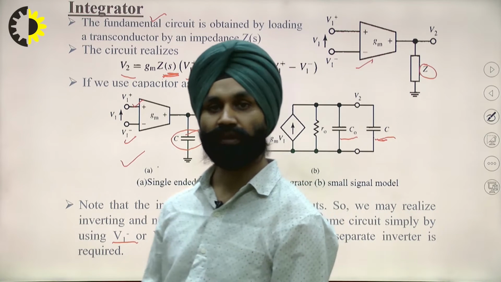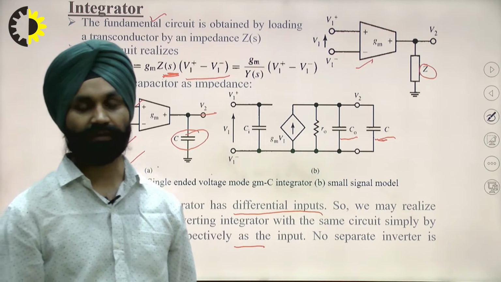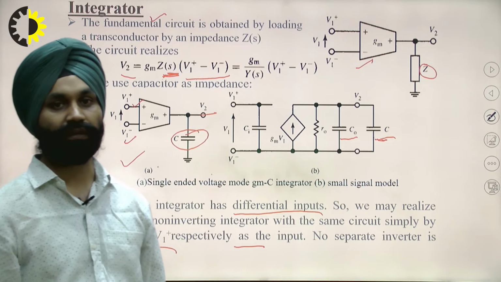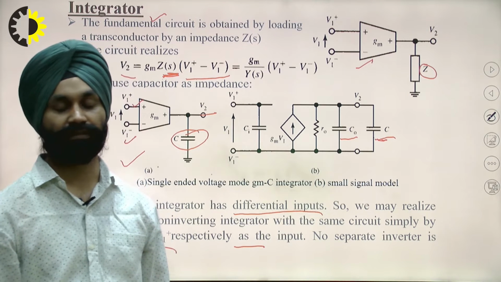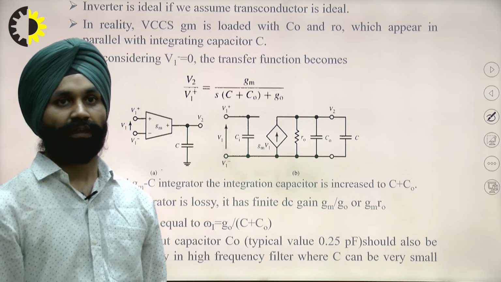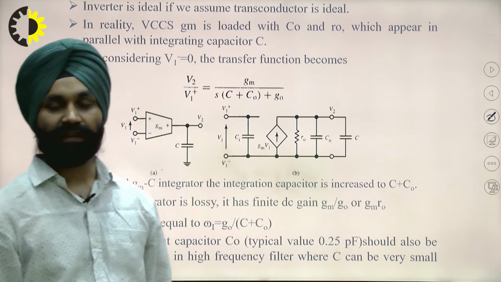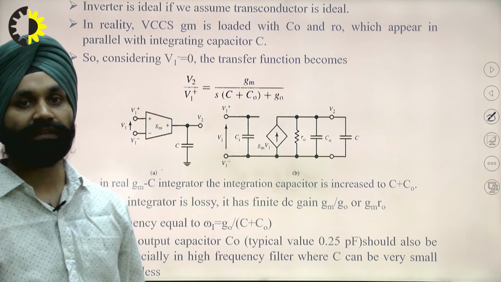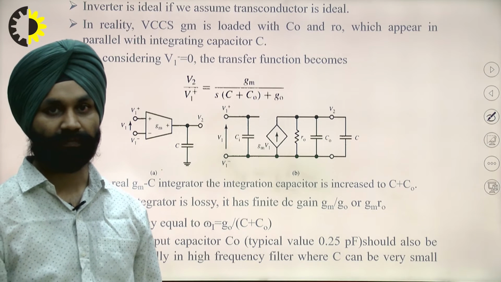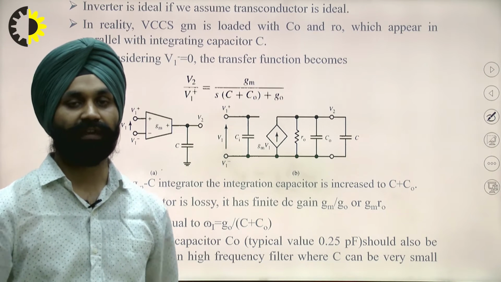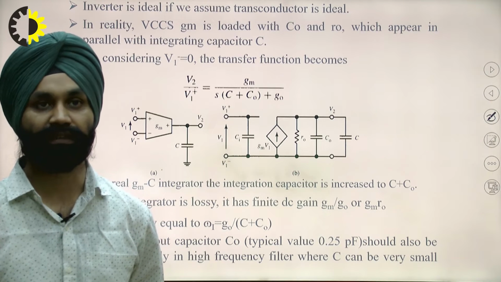So we do not need different circuits or inverters for creating the differential circuits. Also, the transconductance is assumed ideal, so we do not create non-idealities or non-linearities in the transconductance.